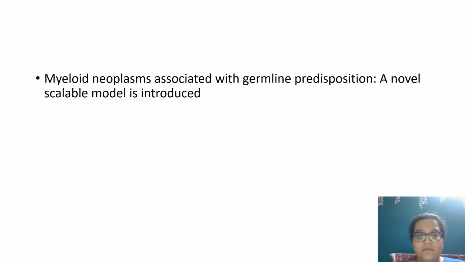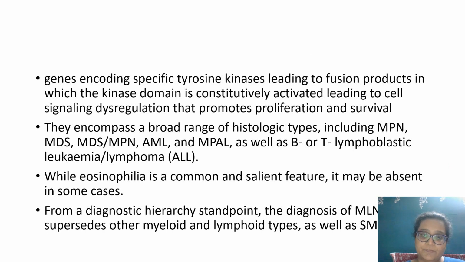So this is a novel scalable model. Genes encoding for specific tyrosine kinases lead to fusion products in which the kinase domain is constitutively activated, leading to cell signaling dysregulation. So there's a mutation in the tyrosine kinase protein. Such a protein is formed that it goes to the receptor and keeps stimulating it to cause abnormal cell proliferation.